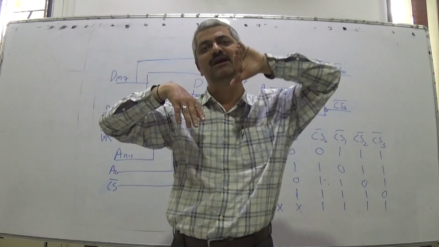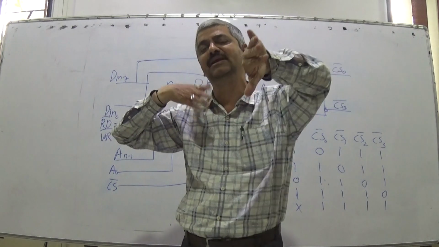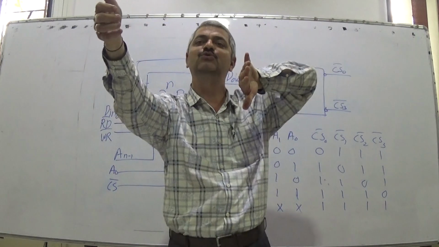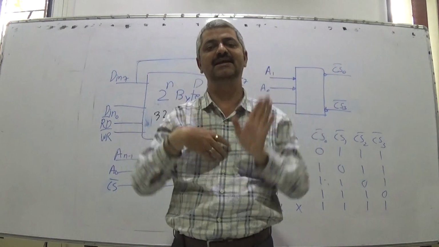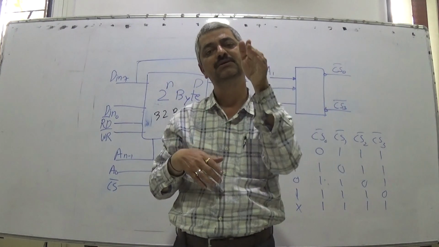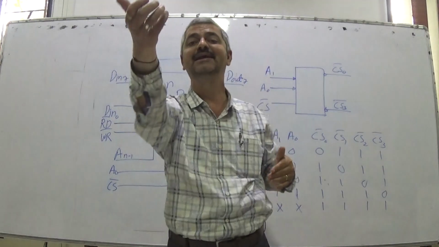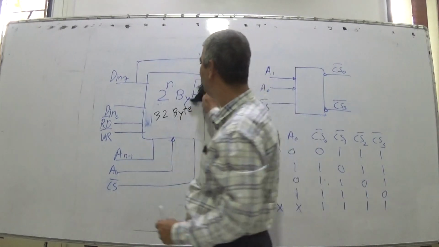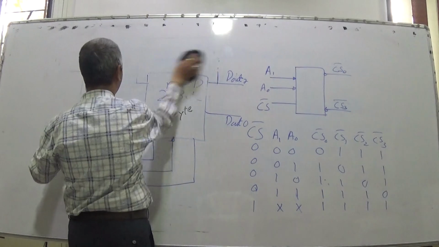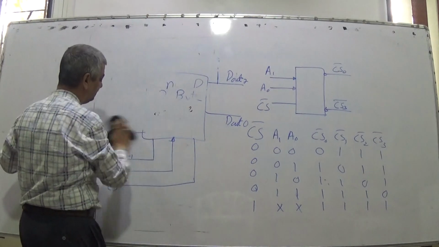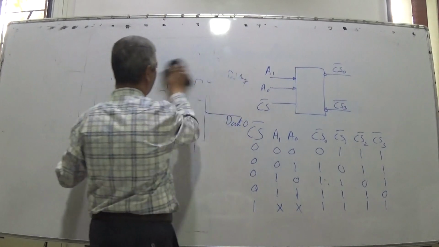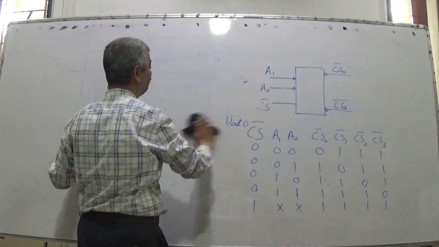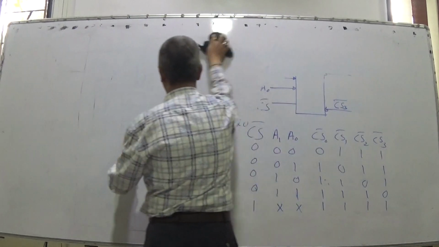My output line should be connected to input lines of memory. My input line should be connected to output lines of memory. So what I can do, I also can have bidirectional lines. If I want to write, I will put in the memory. If I want to read, I will take from the memory. So in general, without going into that many fine details, we can combine input and output lines of data and say that would be a bidirectional line.